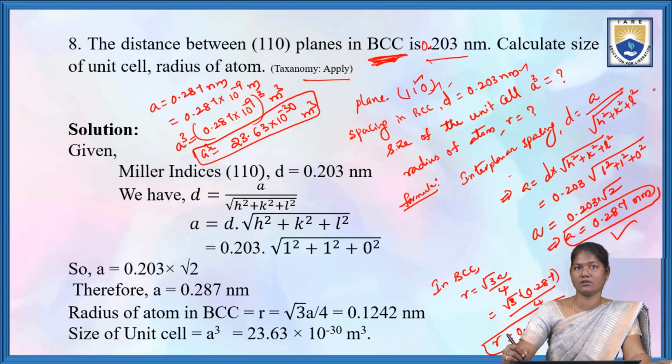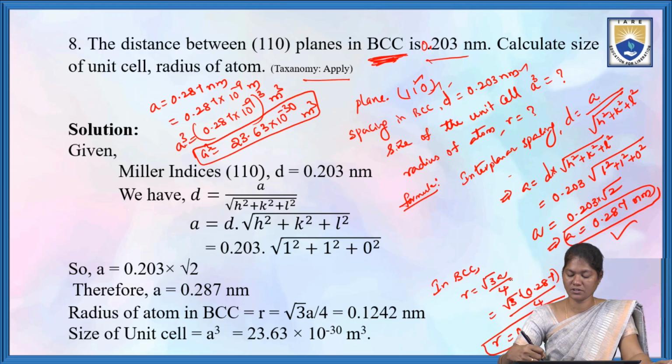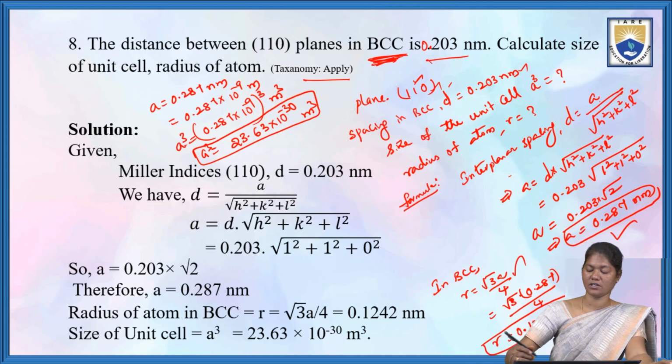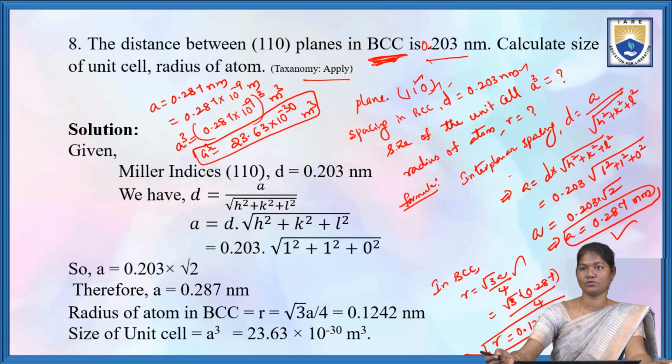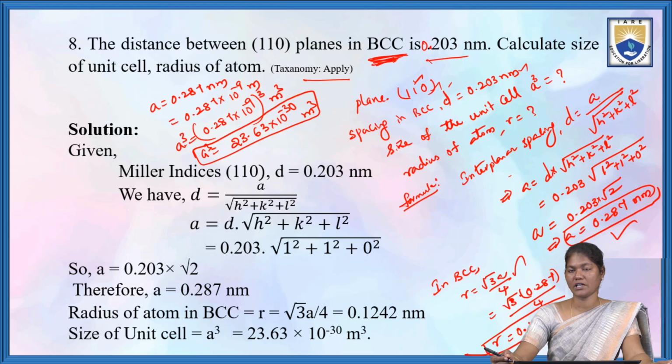Then, as we have to calculate the radius of the atom, in a BCC structure the relation between r and a is r is equal to root 3 a by 4. Substituting the a value, we got the radius of the atom, r is equal to 0.1242 nanometers.